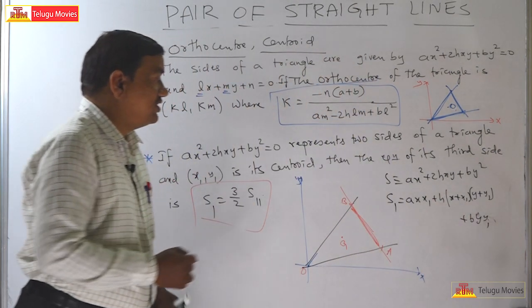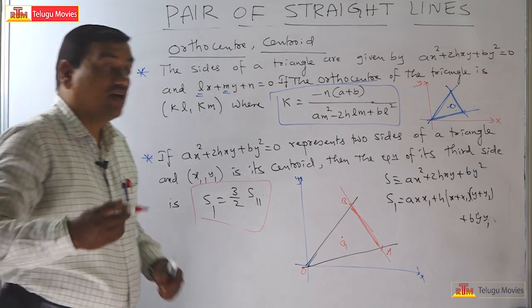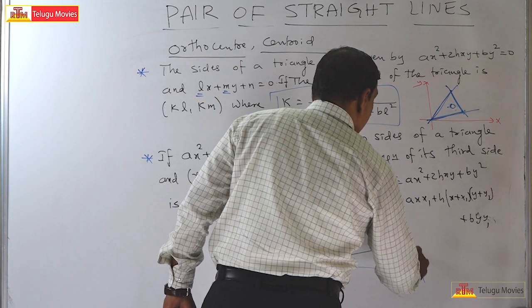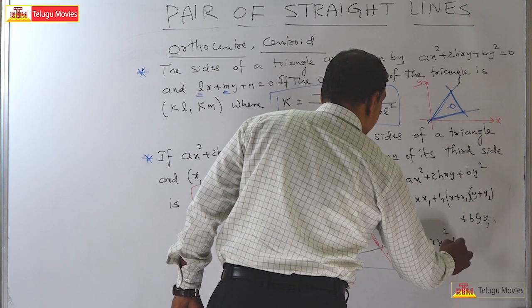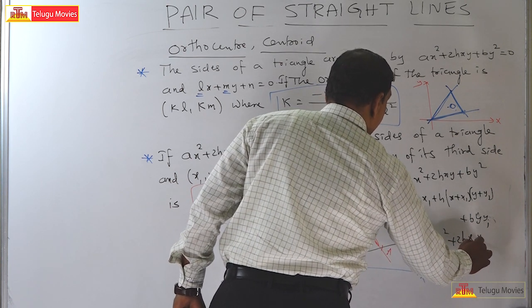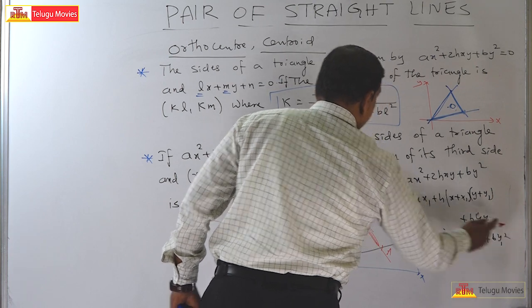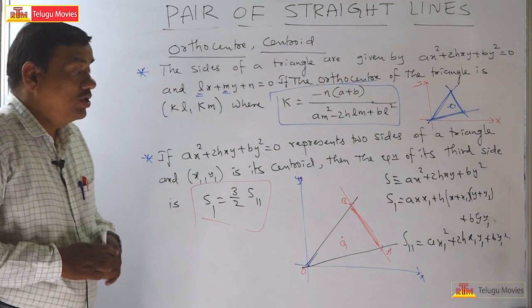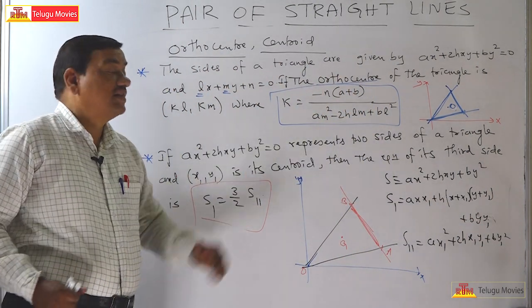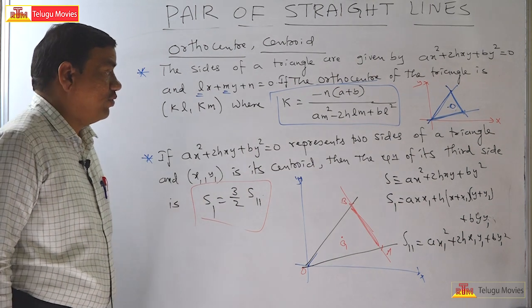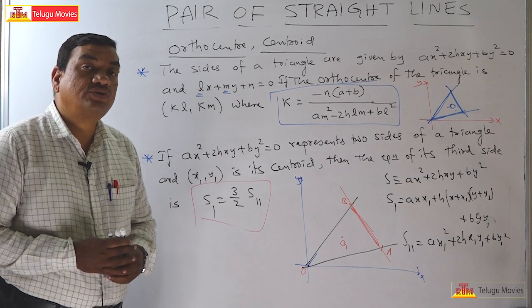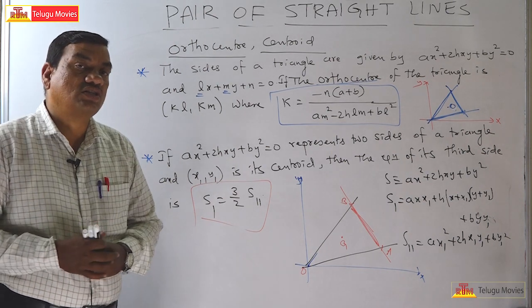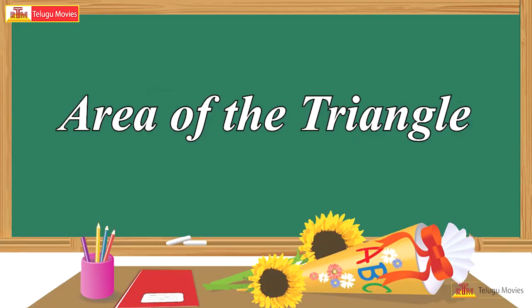This is the S1 notation. S11 is given by ax1 square plus 2hx1y1 plus by1 square. Using these notations you can substitute here and get the equation of the line. I hope you understand this concept, so let us go to the next concept.